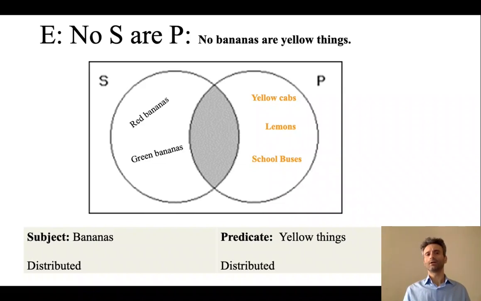All of them are not members of yellow things. And vice versa, how many yellow things are not members of bananas? All of them. So I refer to all members. Consequently, the subject is distributed and the predicate is also distributed.